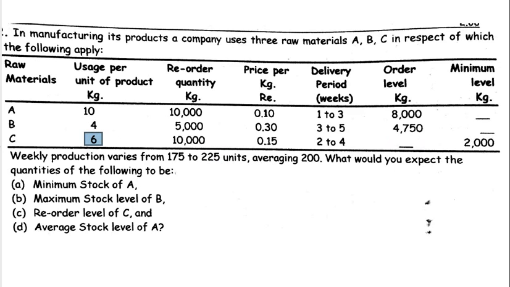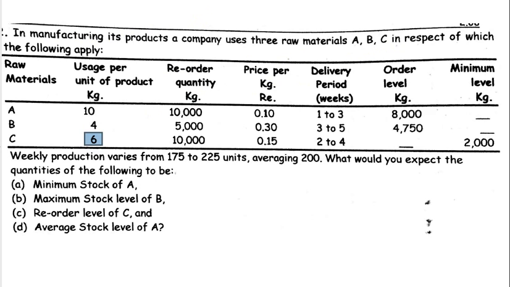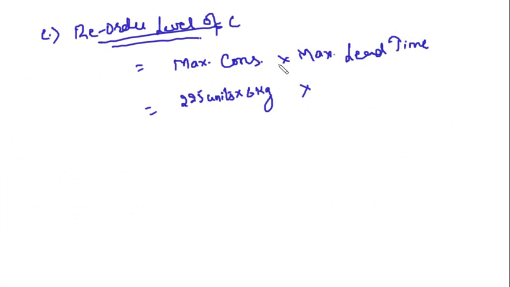So you can calculate the maximum consumption: 225 units multiplied by 6 kg. What is the maximum lead time for C to arrive? 4 weeks. So we'll take 4 weeks. Clear? This comes to 5400 kg. Clear, friends?